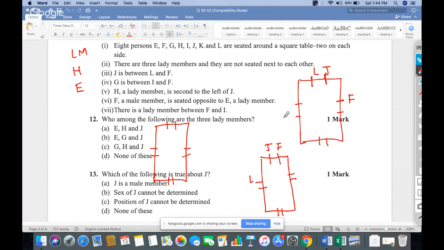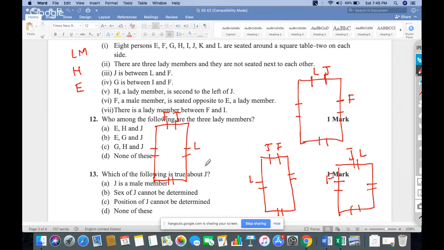So for this first case, when J is sitting here, F can be here and L can be here. And for this, I'm making a possibility here. So which is like this, that when J is sitting here, L can be here and F can be here. Now I have four different cases. In all four cases, I try to identify which one is suitable for me and which one is not suitable for me.